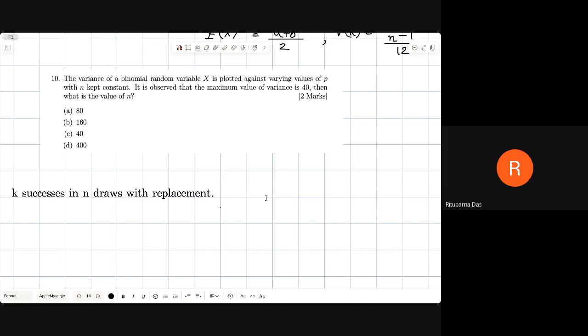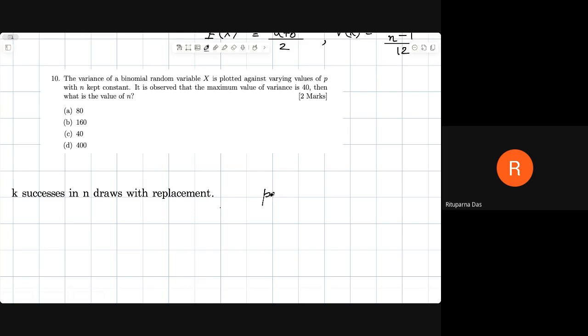Okay, one, two, three, four, many n draws are there, and for each of the n draws, we have to see success, failure, success, failure. So, all these n draws are independent of each other. So how will the PMF look?